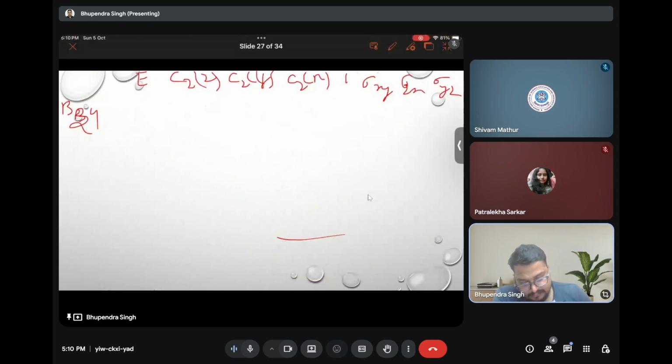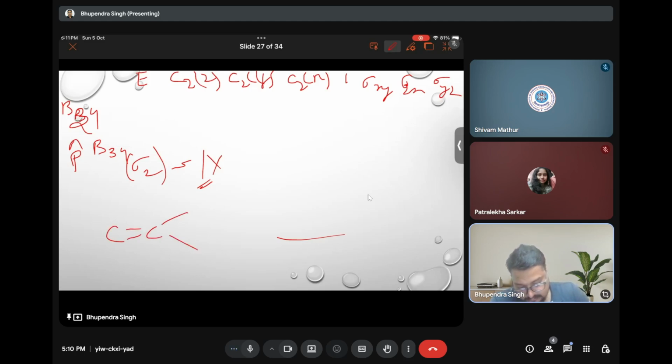So for the projection operator P of V3_u, let's say I'm solving for the last one, sigma 2. It will be 1 multiplied by, because the character was 1. Let's say I'm drawing this again: H, sigma 1, 2, 3 and 4.